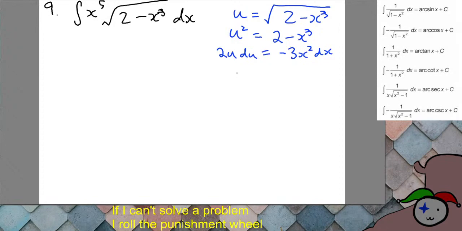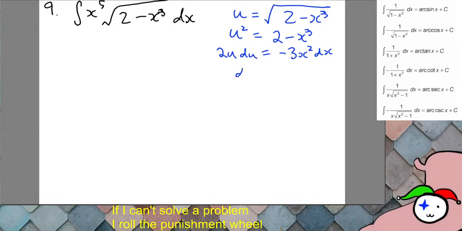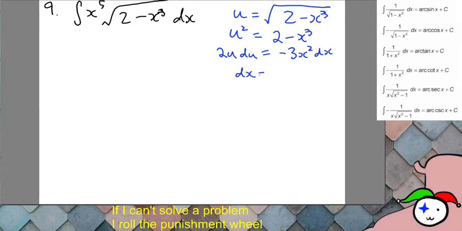So we have dx actually equal to minus 2/3 of u over x squared times du.